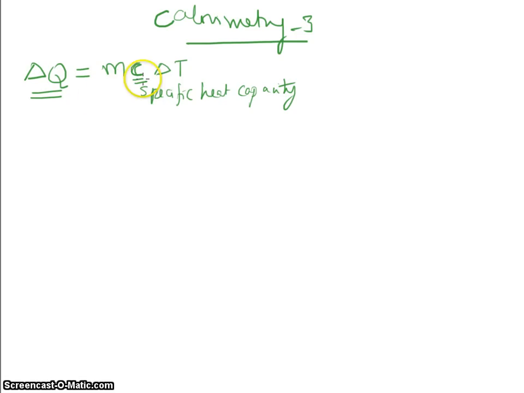If you know the specific heat capacity, then you can tell how much energy you need to give to increase the temperature of, say, 5 kg copper from 5 degrees to 200 degrees. So you need to know the specific heat capacity. But how to find the specific heat capacity? How to find C?